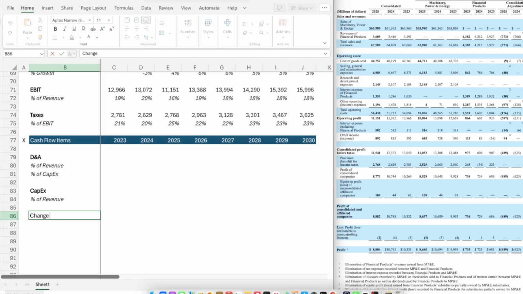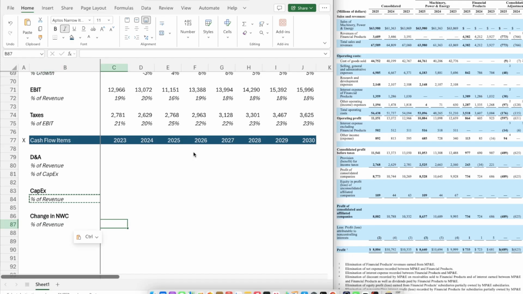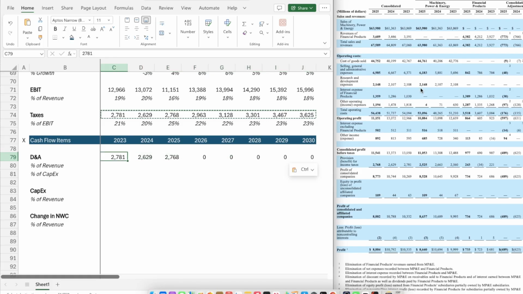So the cash flow items are the depreciation and amortization, your capital expenditures, and your change in net working capital. And I'm just copying this down for the formatting.